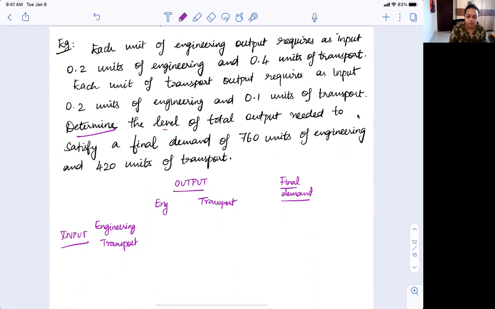Determine the level of total output that is needed to satisfy a final demand of 760 units of engineering and 420 units of transport. Okay, so let's fill in the final demand vector first because that's fairly straightforward here. So we need 760 units of engineering and 420 units of transport.